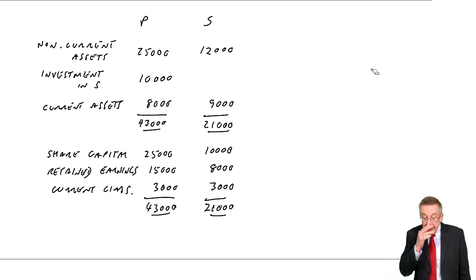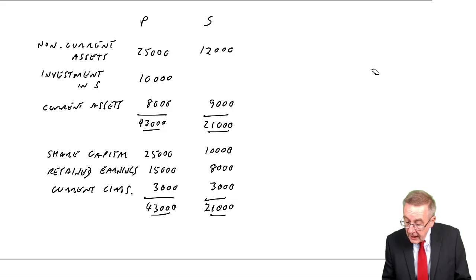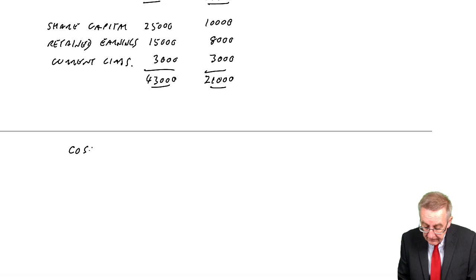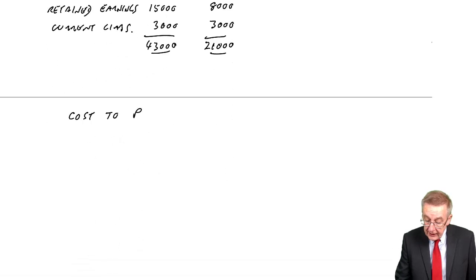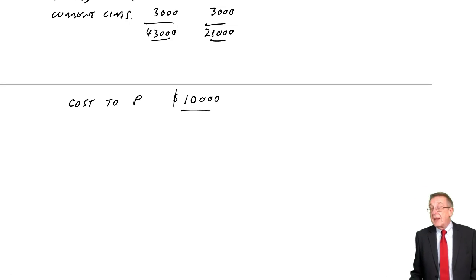Before I do, just one thing. It may seem obvious, but let's just check. How much did P pay? The cost to P we get from their statement. On their statement, it says investment in S at cost 10,000. However obvious it may seem, because of things that are going to happen later, what did they buy?